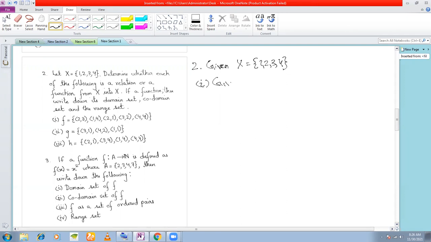Given here, f is equal to, let's write down the ordered pairs, (2, 3), (1, 4), (2, 1), (3, 2), (4, 4). Now let's try to map the elements to determine whether it is a function or not.